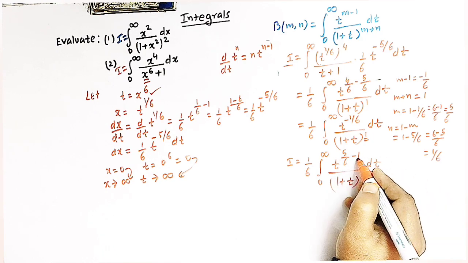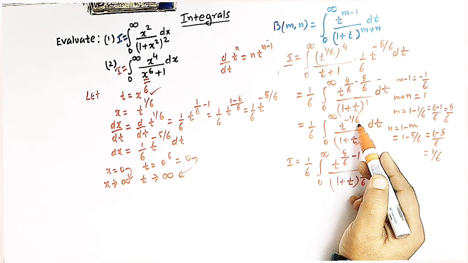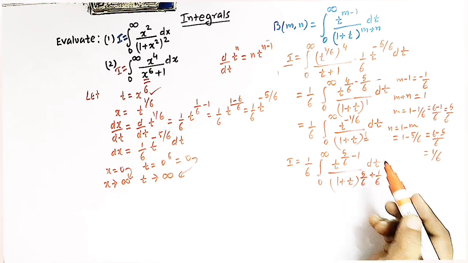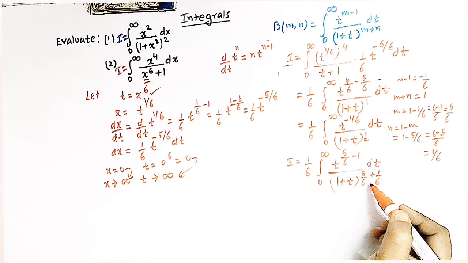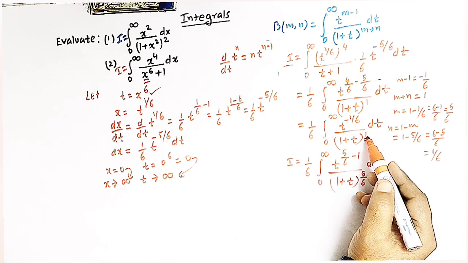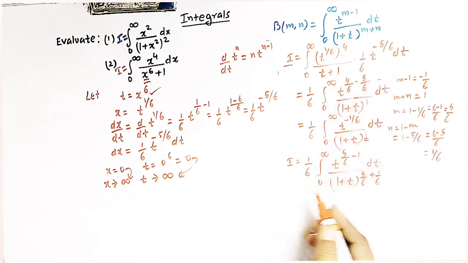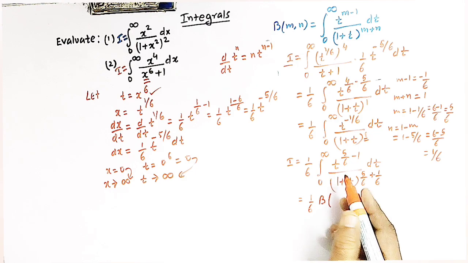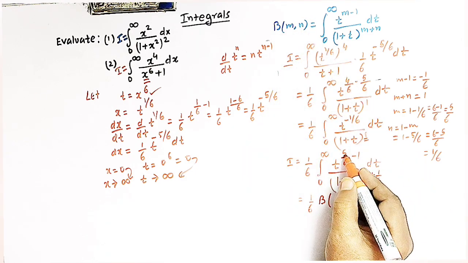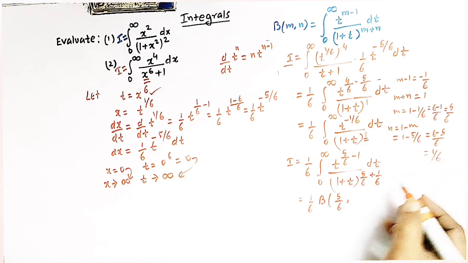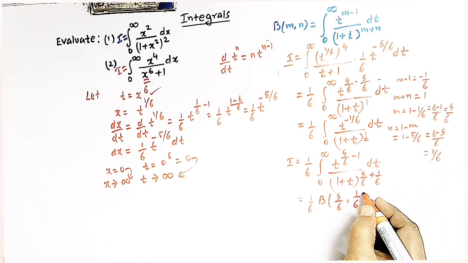So 5 over 6 minus 1 is minus 1 over 6, and 5 over 6 plus 1 over 6 is equal to 6 over 6, that is 1, right? So this integral is now exactly similar to this one. So we can now write 1 over 6, and we have the beta function, that is beta m comma n. M is 5 over 6, and n is 1 over 6.